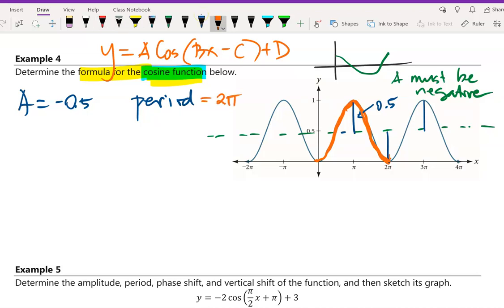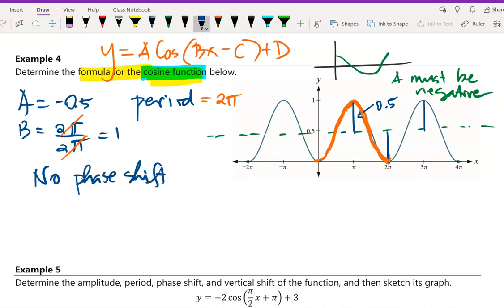And now we will be able to solve for b. So remember, it is 2 pi over the period. So 2 pi over 2 pi is equal to 1. And then c is the phase shift, and we can see that there is no phase shift.